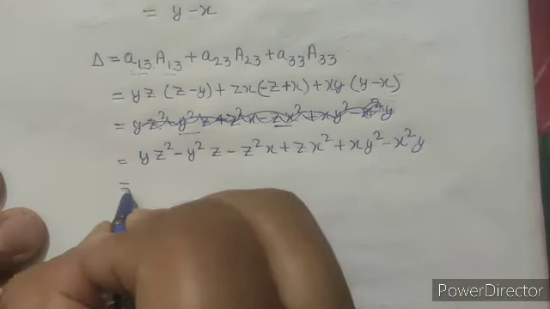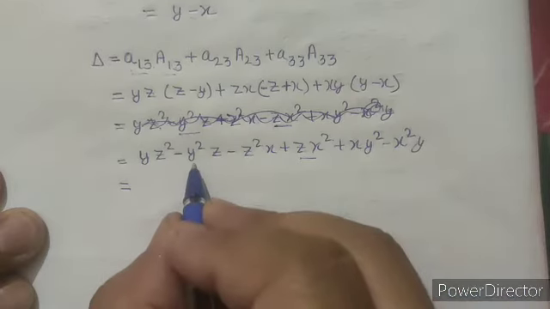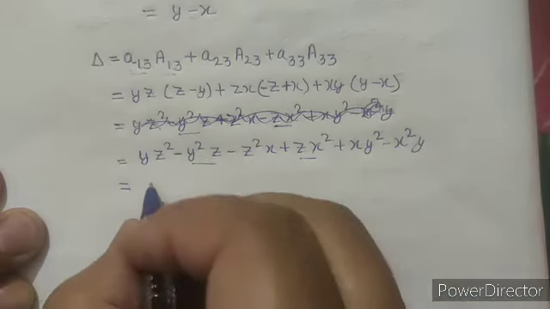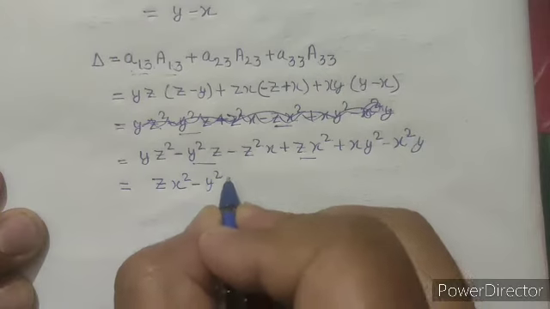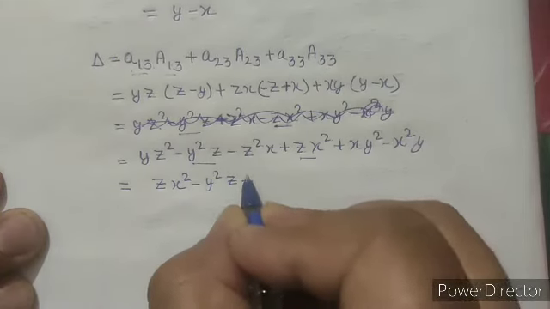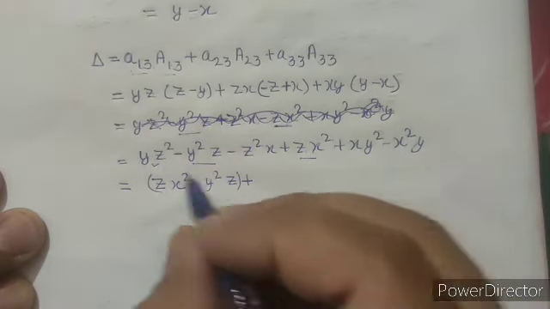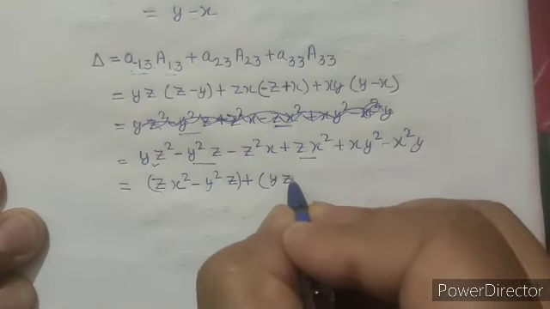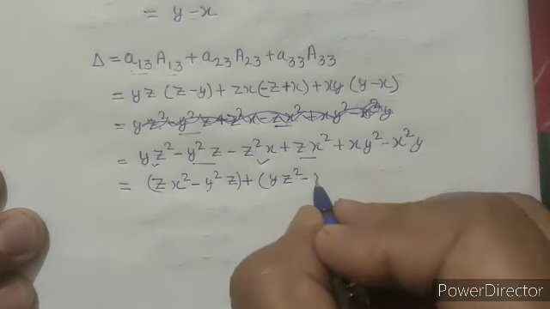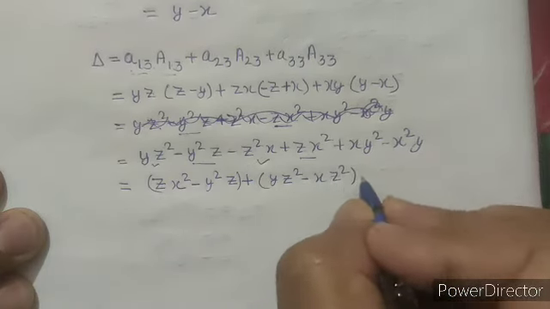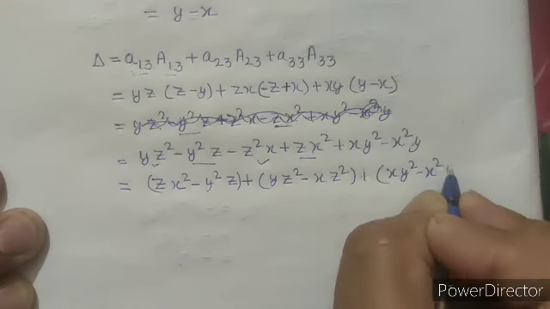Now here we can take zx square and minus y square z together, and this will be zx square minus y square z plus yz square minus xz square plus xy square minus x square y.